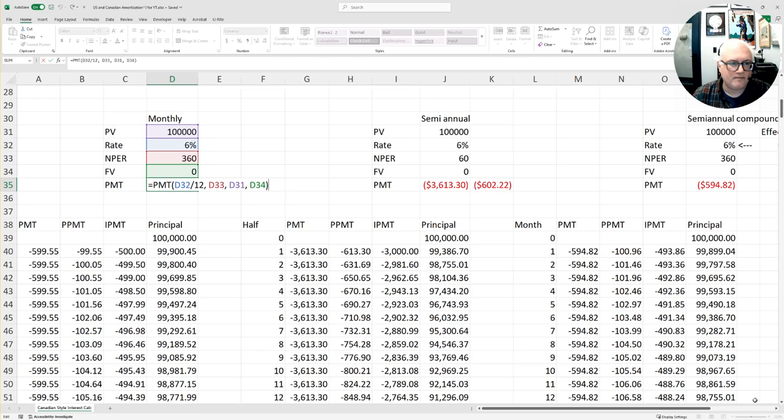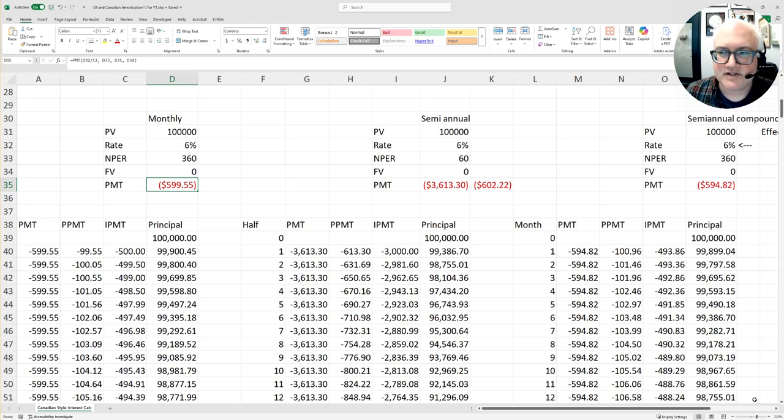You'd take D32, that's the annual interest rate, divide by 12 to get the monthly rate. And if you know the monthly rate and the number of months, which is 360, and you know it's $100,000 and it's paid off in full, the PMT function would say that you have to pay $599.55.